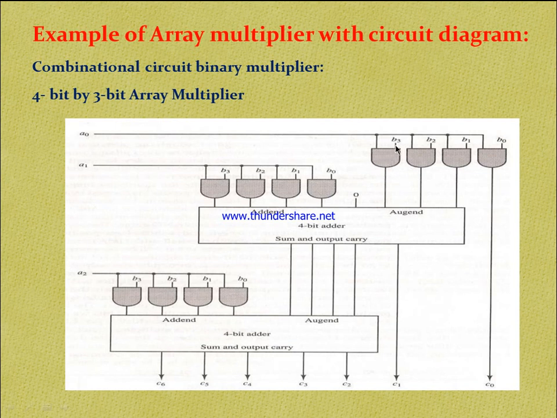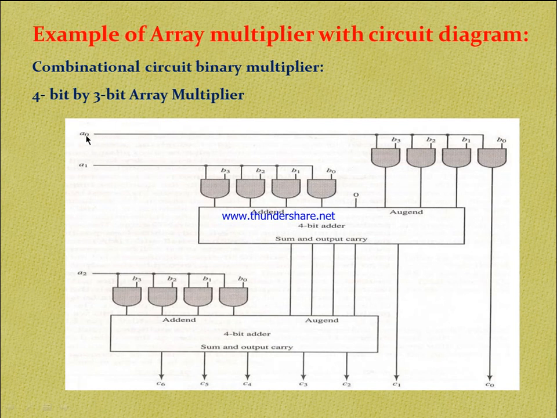So the multiplicand bits are B0, B1, B2 and B3. These are given at the same time to the 4 different AND gates, and the first bit of the multiplier is given to all the AND gates, and we will get the result here.